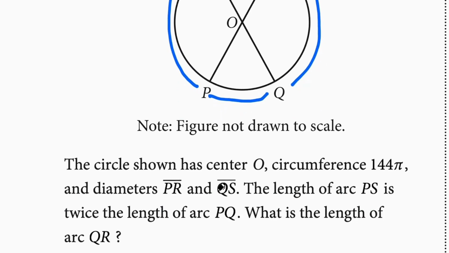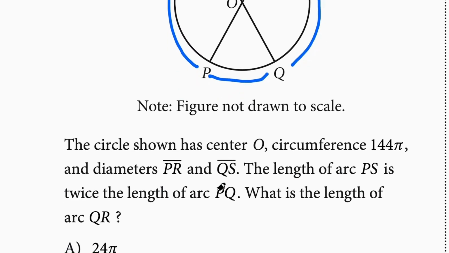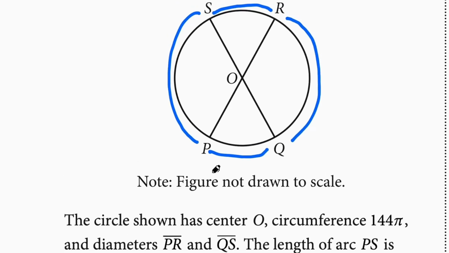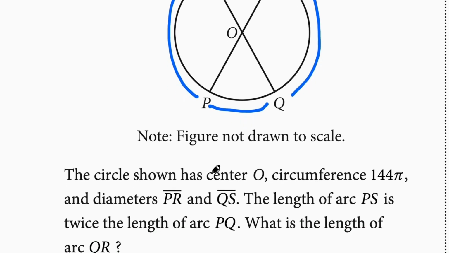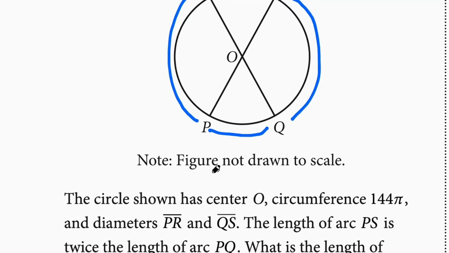The circle shown has center O, circumference 144 pi, and diameters PR and SQ. So PR and SQ are diameters. The length of arc PS is twice the length of arc PQ. Here is the clue.